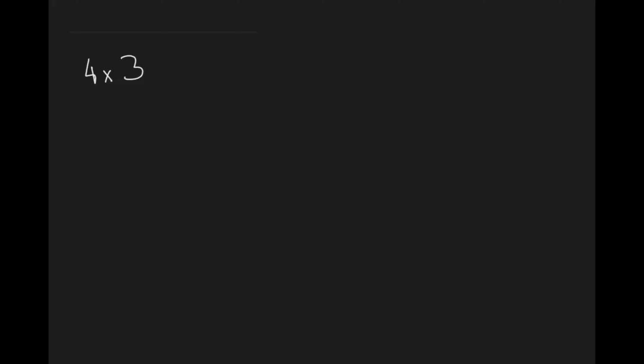Most of you probably know your multiplication tables. If you don't, you probably have a multiplication chart because this lesson is about multiplication and division. So what is 4 times 3? That's what we're trying to figure out here. Most of you will know that 4 times 3 equals 12.